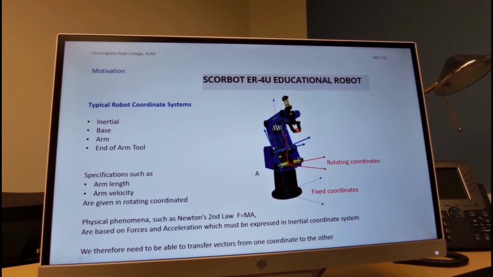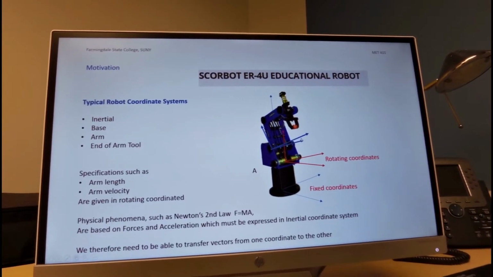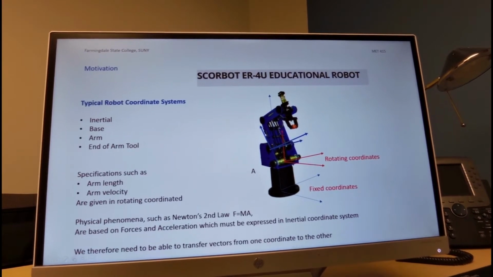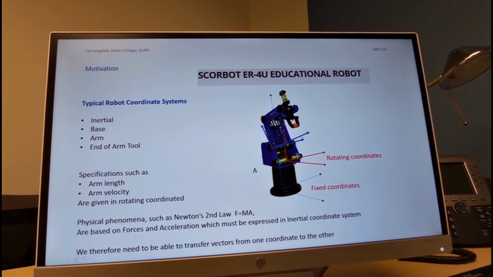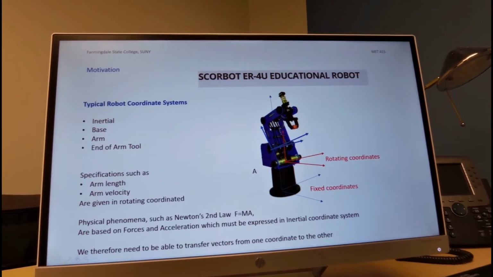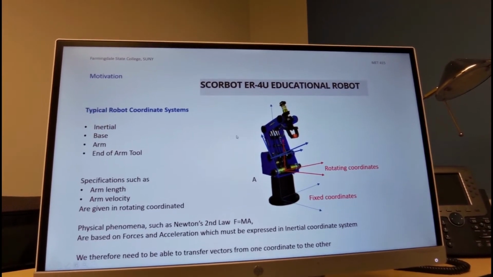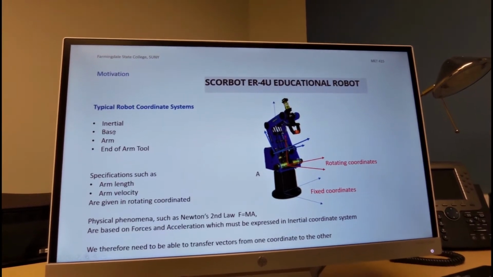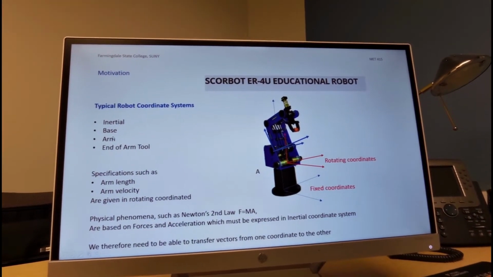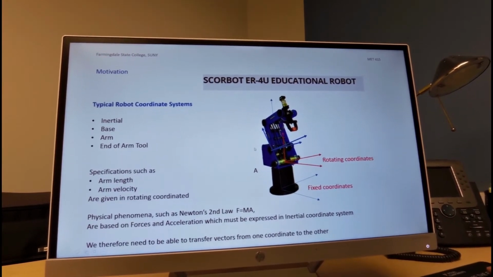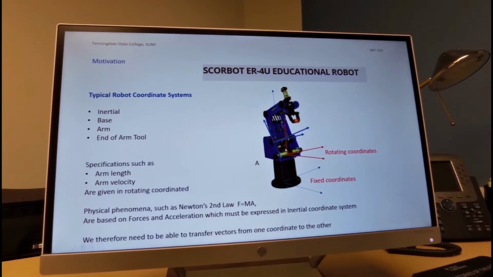And we may have another several coordinate systems, such as the one which is connected to the link of one of these elements of the robots. So we may have inertial, base, arm, end of arm tool. All of these coordinates may be associated with the robot.